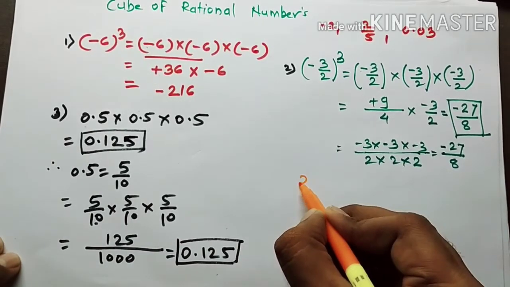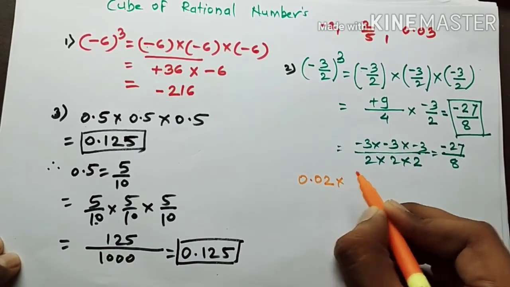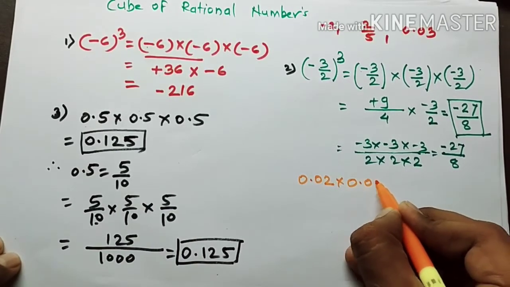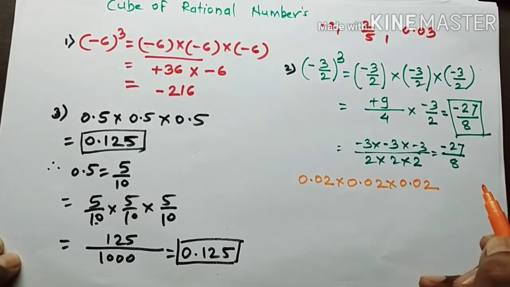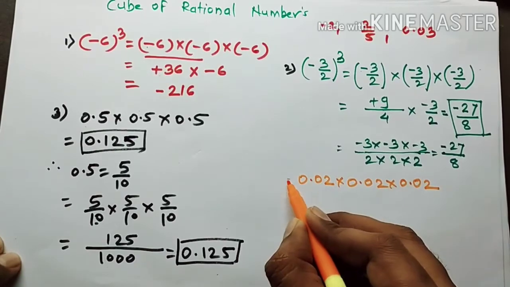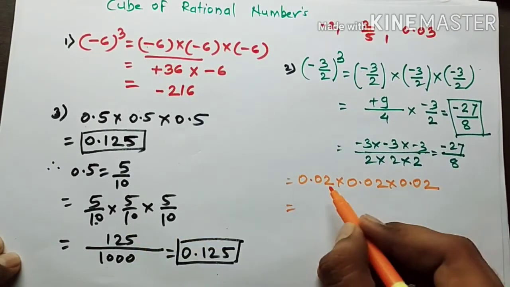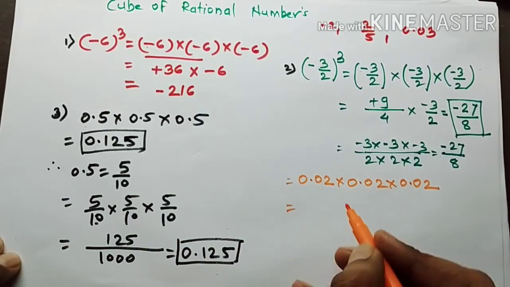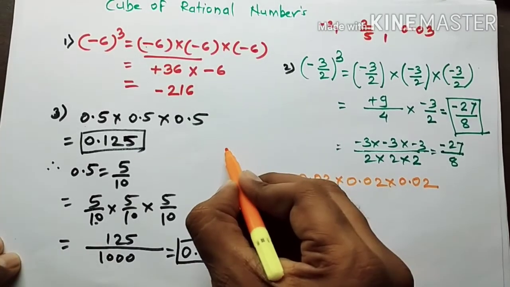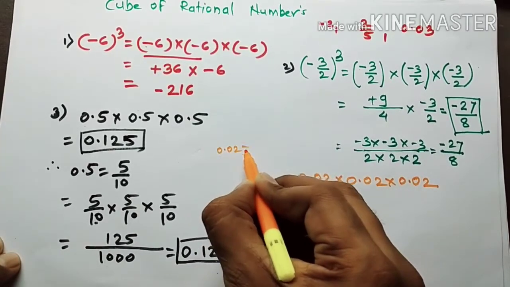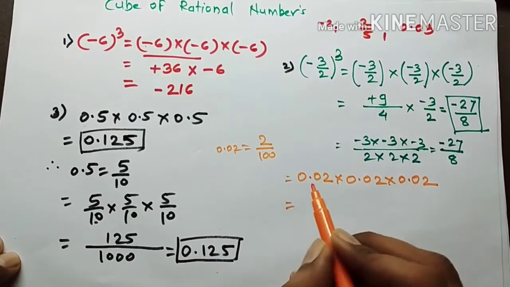Now we increase the number of decimal places. 0.02 into 0.02 into 0.02. You should use a method like this here. 0.02 means 2 places, that is 2 upon 100 actually.